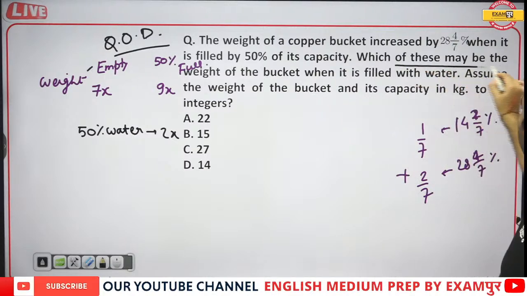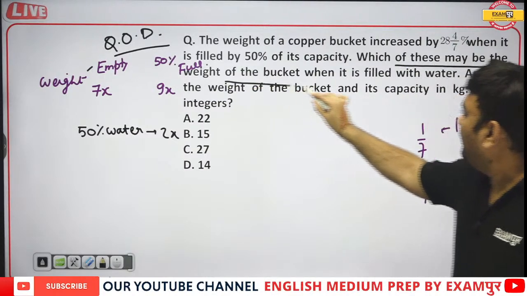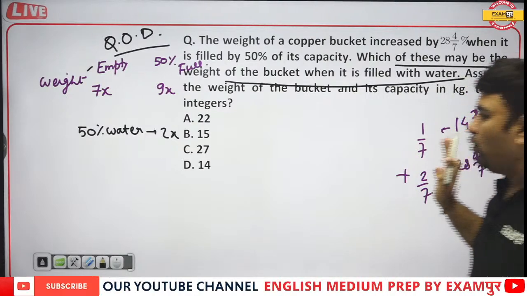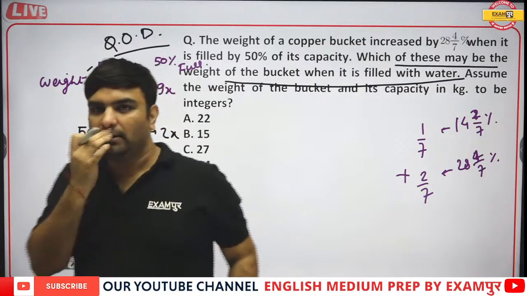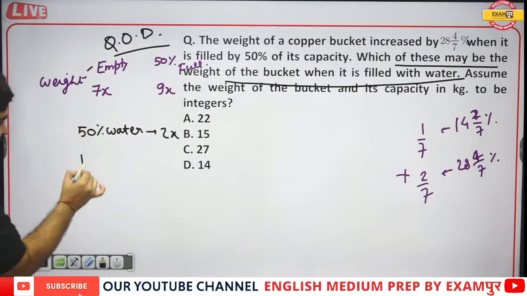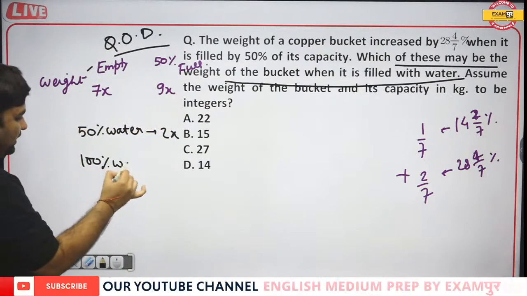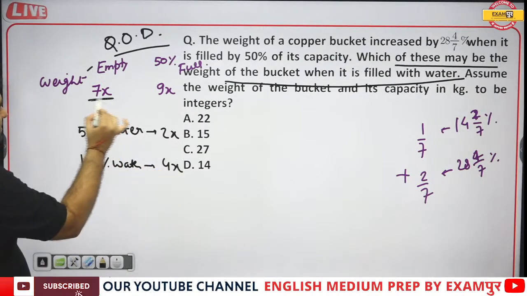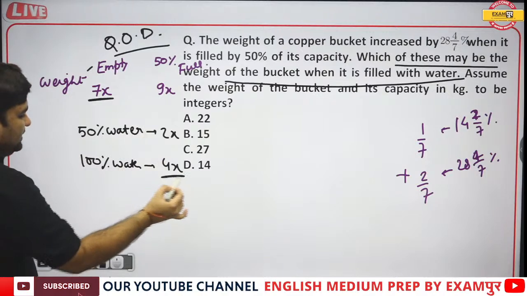Which of the following may be the weight of the bucket when it is completely filled with water? So the weight of 100% water would be 4x. So empty is 7x and water is 4x.